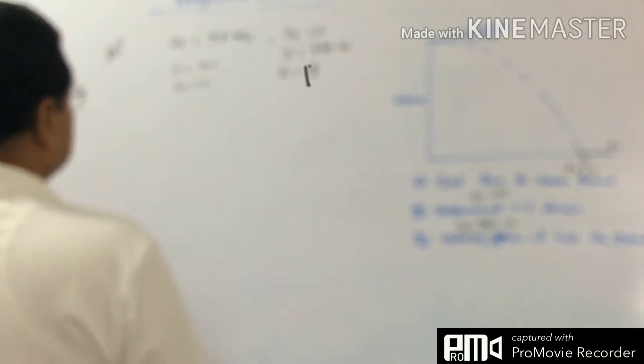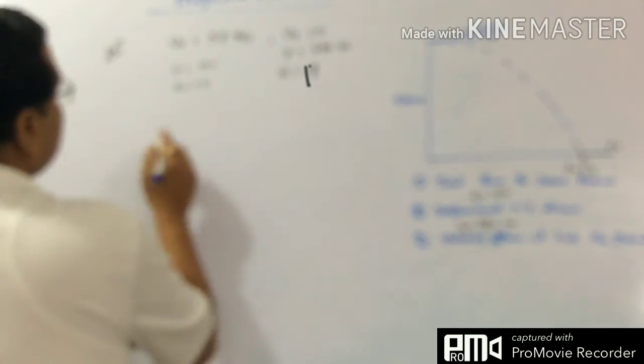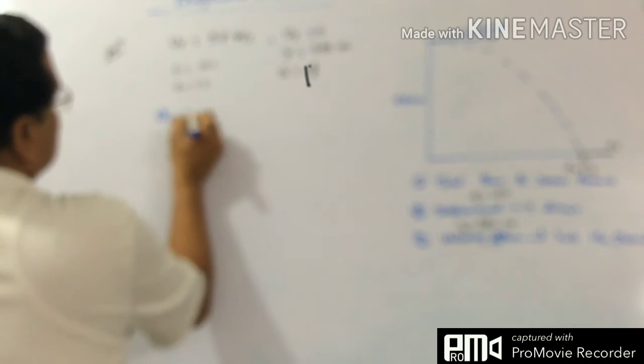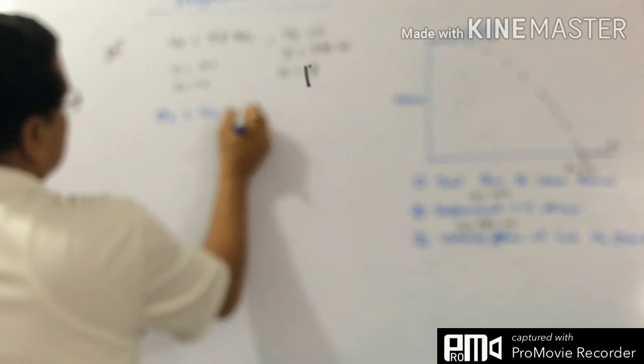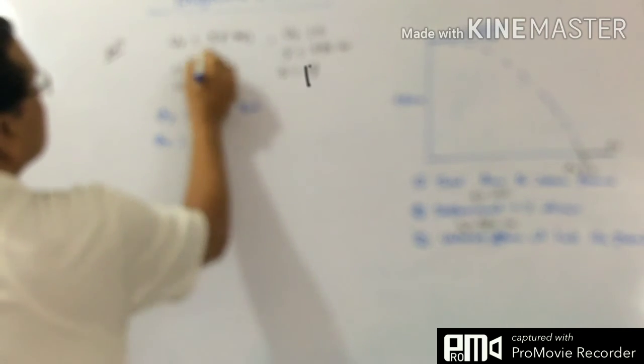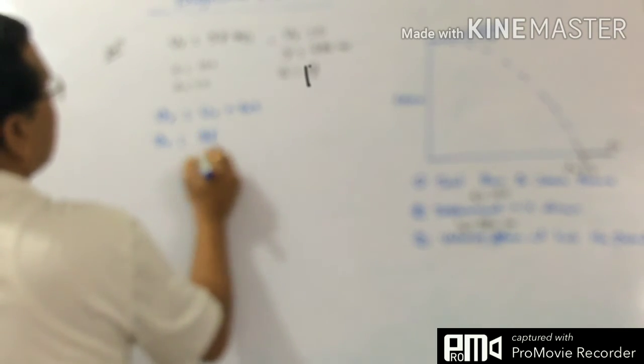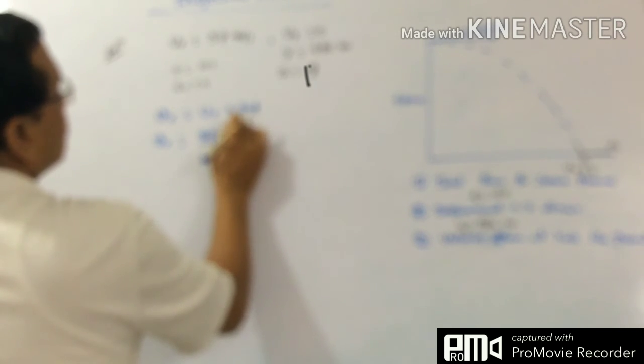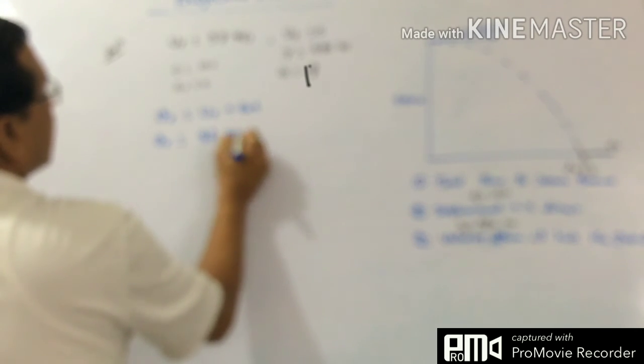So vx equals ux plus ax into t. vx equals 98 plus 0, it will remain 98 meter per second.